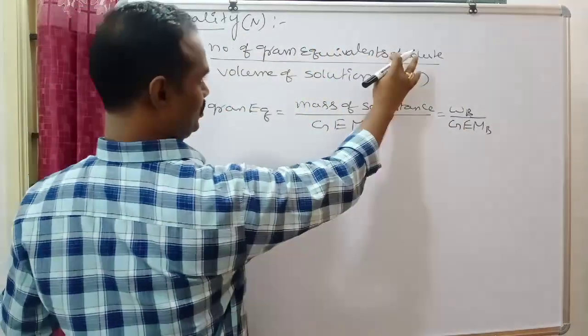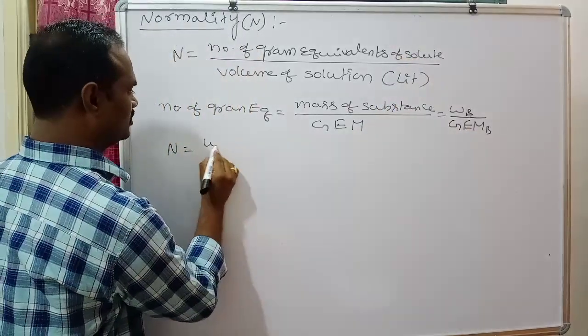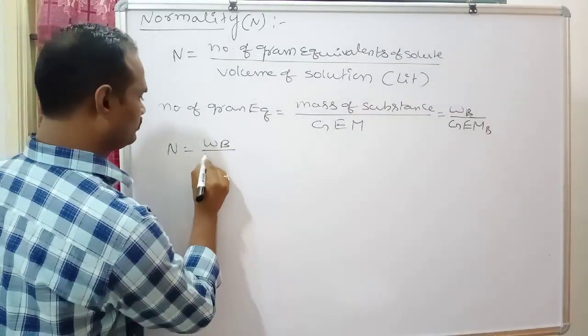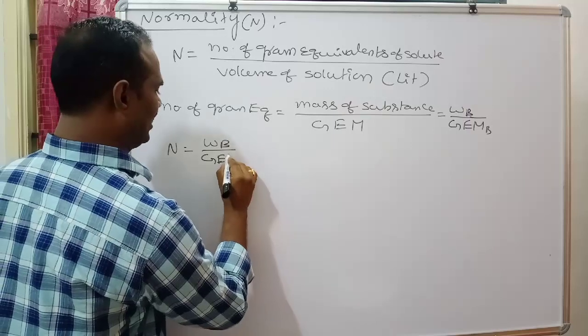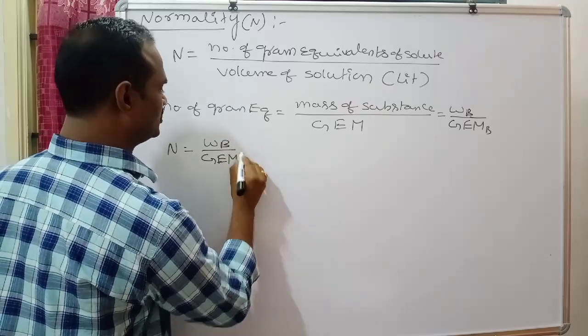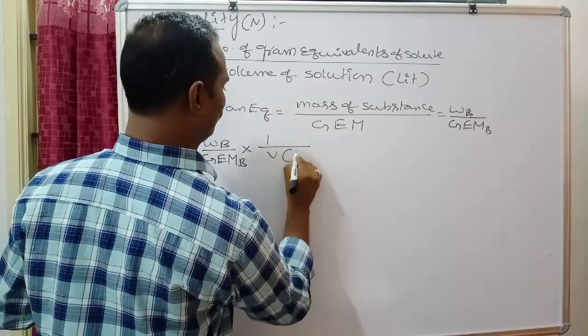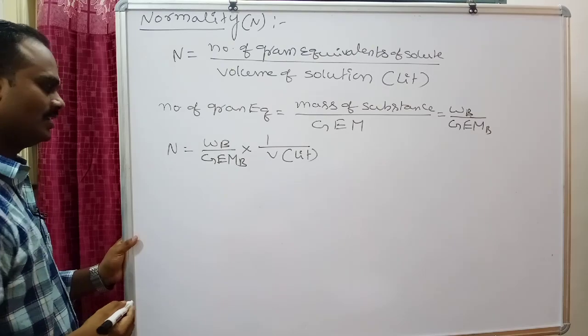Normality is equal to number of gram equivalents of solute, so we can write mass of solute by gram equivalent mass of solute into 1 by volume of solution in liters.